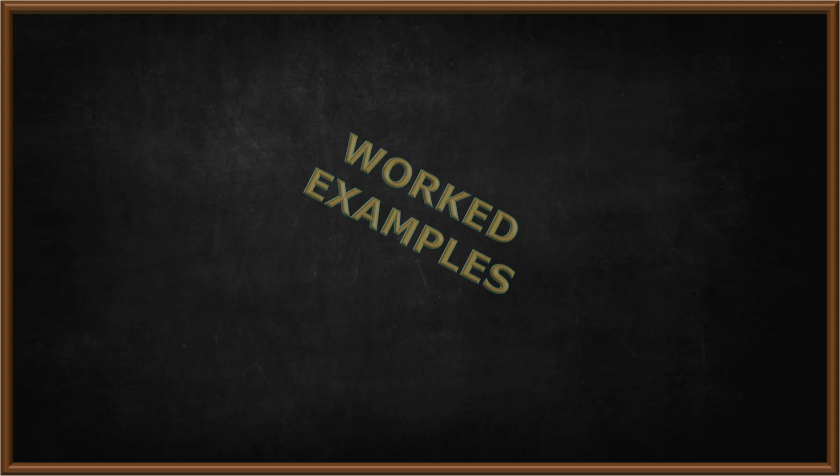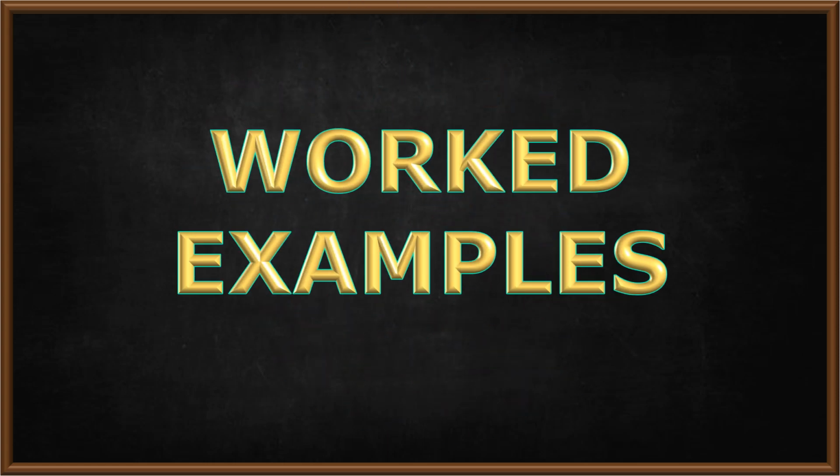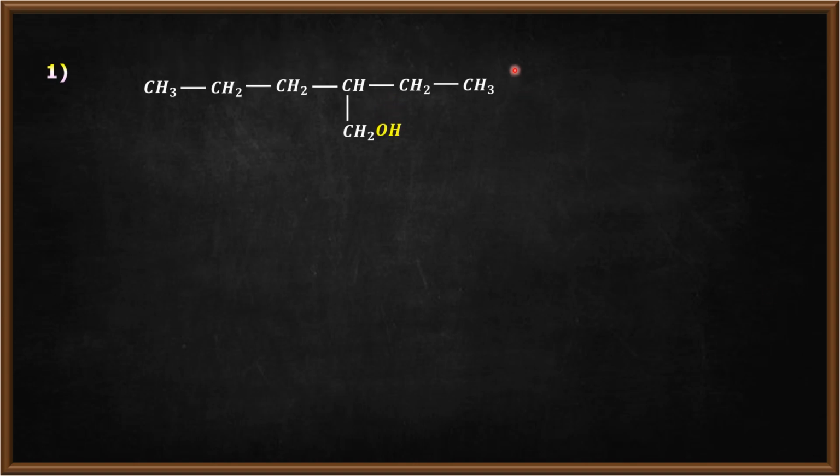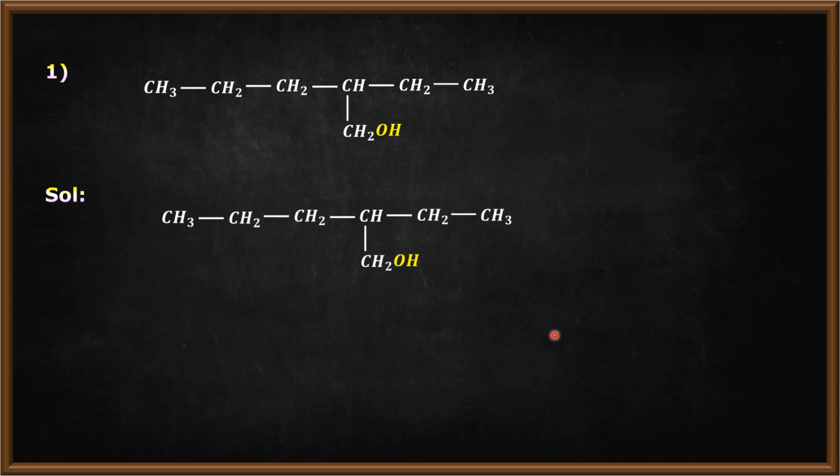Now let us go for some worked examples here. Problem number 1. This is an organic compound containing OH functional group. We have to provide the IUPAC name for it. Solution. First, we have to select the longest chain of carbon atoms containing the functional group. So this one is the parent chain, and I am numbering the parent chain from left to right and from right to left also. Which way of numbering is correct?